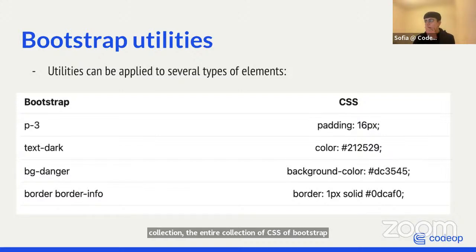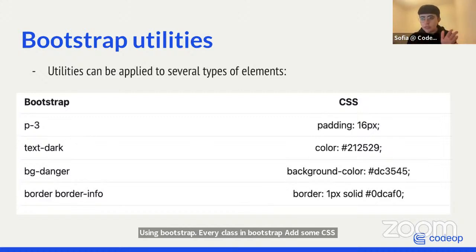Let me show you this. I'm going to open here in Bootstrap just so you can understand a bit better. This is a class that we would add using Bootstrap. Every class in Bootstrap adds some CSS behind the scenes. Bootstrap is CSS.